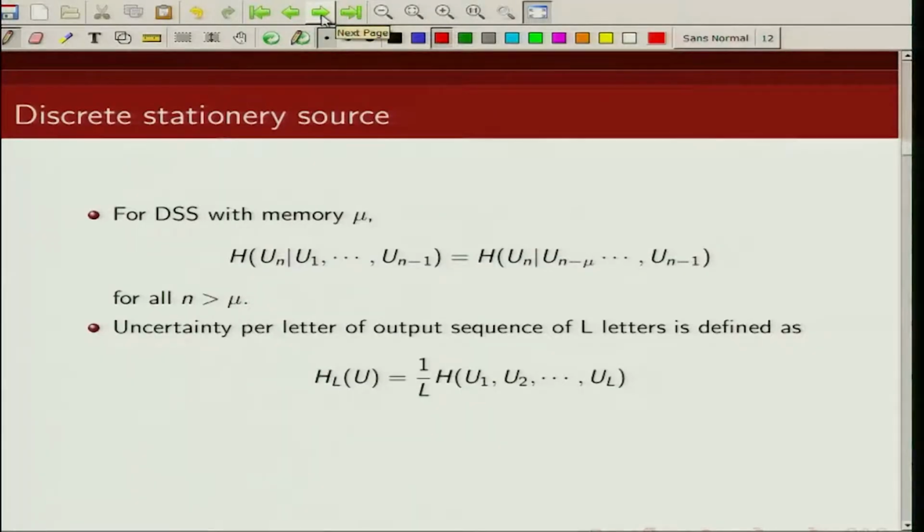Now, how do we define uncertainty for a discrete stationary source? There are two ways we can describe it.